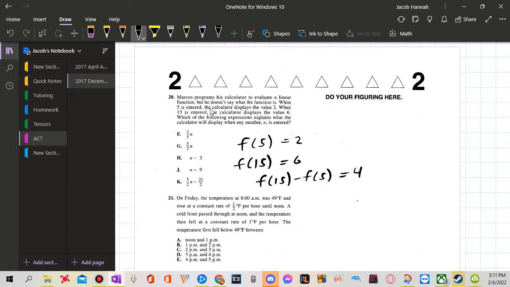Where am I going with this? Let me erase all this.